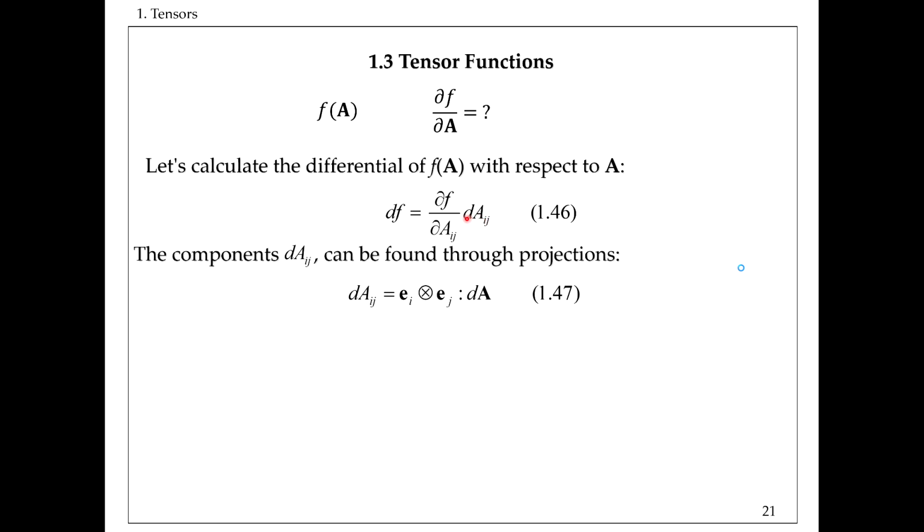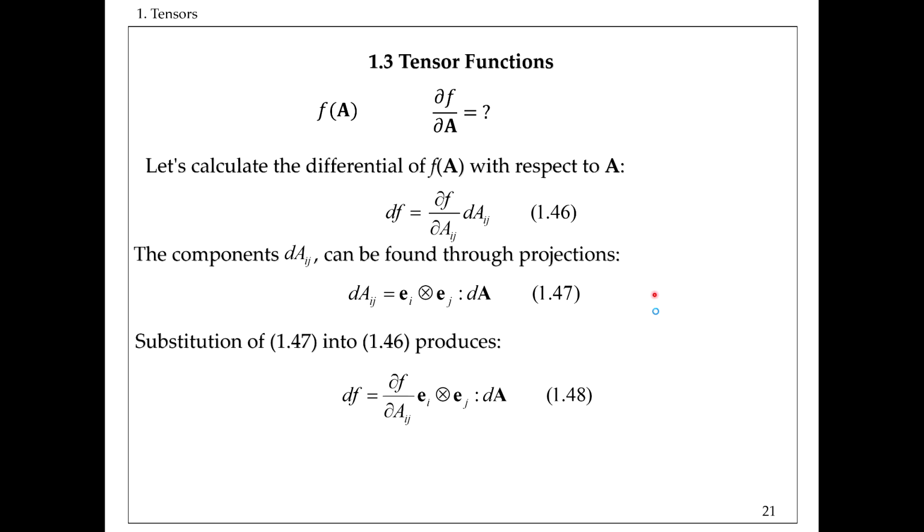Then we still have this part, the partial derivative of f with respect to A_ij, and we explicitly write the components of the differential, the change in A. So we just took that whole thing and put it here, and our result is just like that.